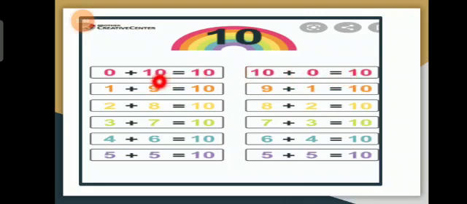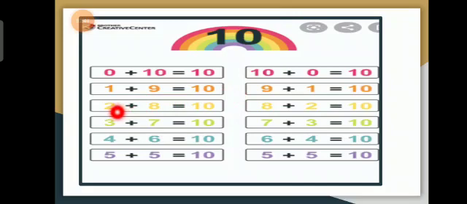This means when we add 0 to 10, the answer will be 10. Okay. Next is 1 plus 9 and 9 plus 1. Keep the 9, the big number, in your mind and add the small number to it. That is 1. So 9 plus 1 or 1 plus 9 give us the same answer, that is 10.